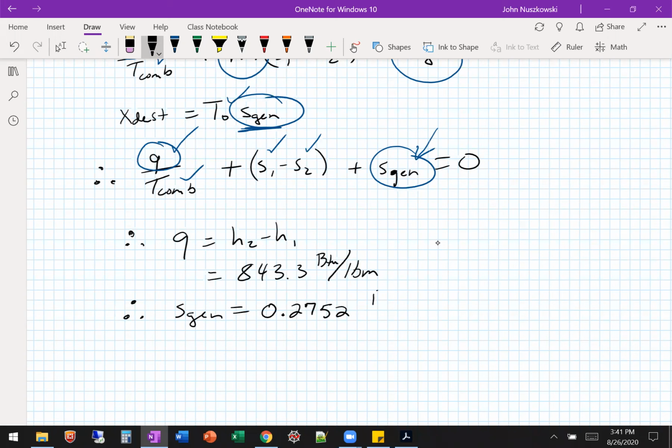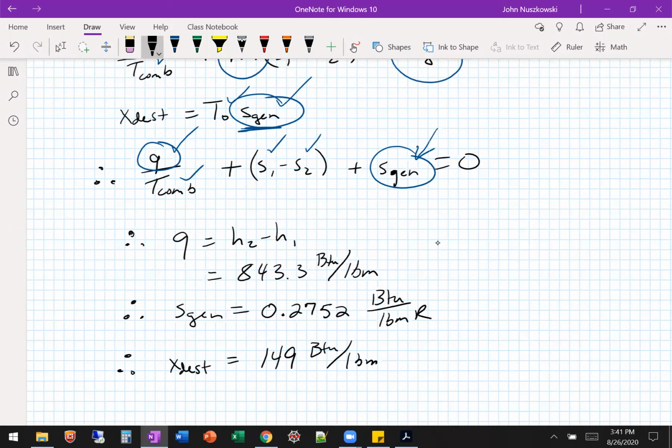0.2752 BTUs per pound mass R. And then we can multiply that by T naught and get the actual wasted work. So we get 149 BTUs per pound mass.